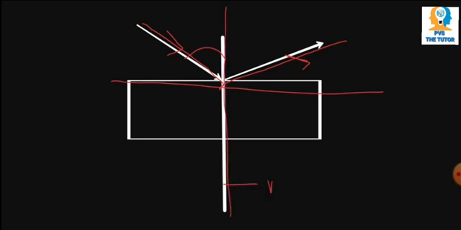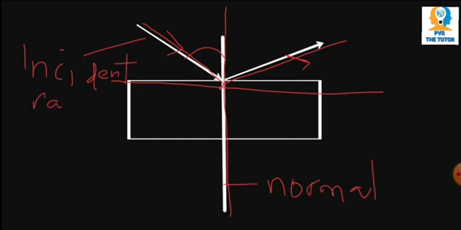This line is what we call the normal line. Then this line, the one which is hitting the surface, that's what we call the incident ray. Then the line which is emerging from the surface, that's what we call the reflected ray.